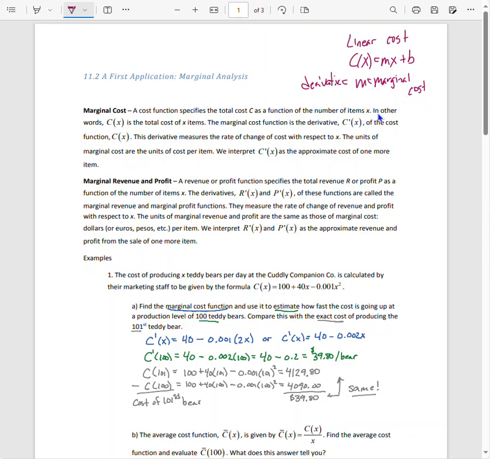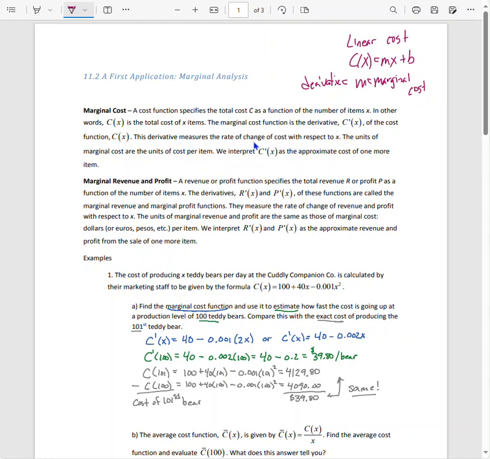All right, so the marginal cost, the slope of a linear cost function, is the derivative, but cost functions do not always have to be linear. Now that we have calculus, we don't have to just look at linear. Now we're going to expand on that idea that we saw in an earlier class.